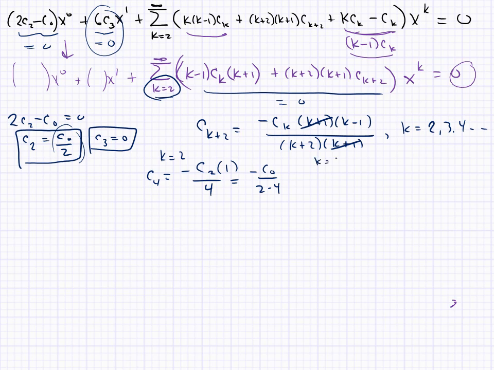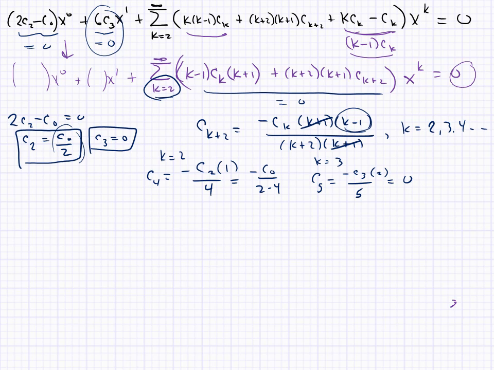And when k equals 3, we're going to see that c sub 5 equals negative c sub 3 times k minus 1, 2 over 5. But c sub 3 was 0, so that's going to equal 0.